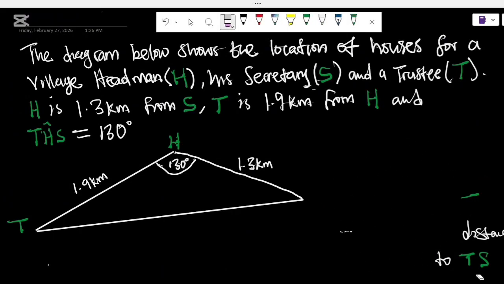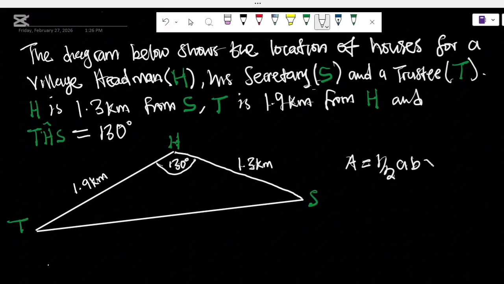What you need to understand here is, so this is S. First of all, you need to know the proper formula for calculating the area of a triangle. So it is given by area is equal to half A times B times sine C. So when you look at this particular figure, let's say that this side is small letter t, and this side is small letter s, and this side is small letter h.